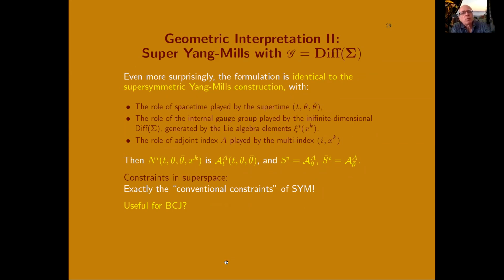And it reminds me of the puzzle that Zvi Bern and his collaborators are encountering in the so-called BCJ duality. They've been looking for a good explanation why, when you replace, so there's this magical relation between amplitudes in Yang-Mills gauge theory versus gravity theory, supersymmetric or non-supersymmetric. And the idea is, roughly speaking, Yang-Mills gauge theory amplitudes take the form of a product of an internal color factor times a space-time kinematic factor. On the other side, gravity has no internal color factor.